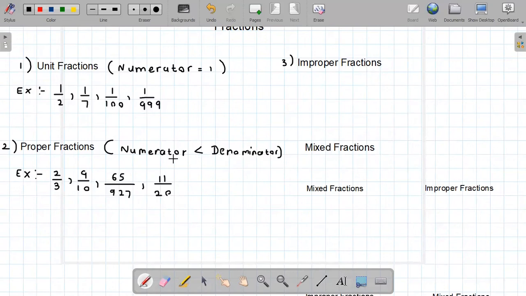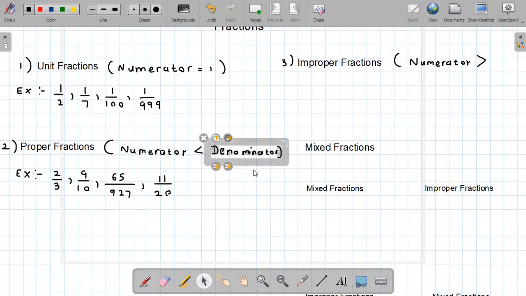So if we denote the proper fractions as the numerators which are less than the denominator, right? So the opposite way is what? Numerator is higher than the denominator.